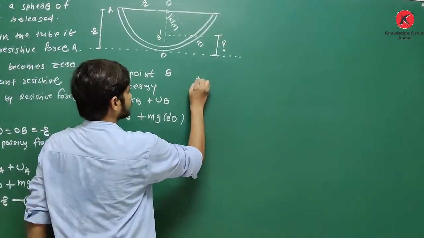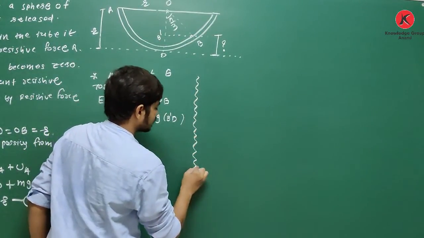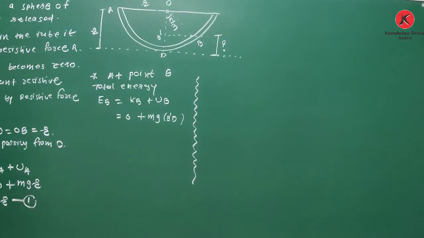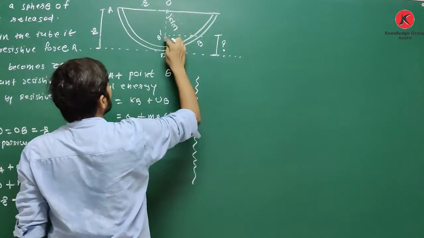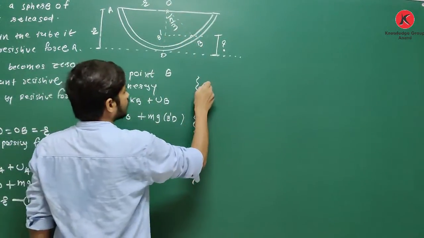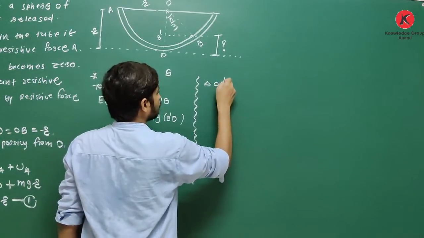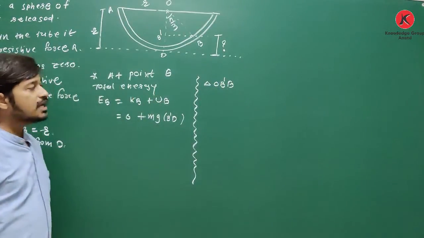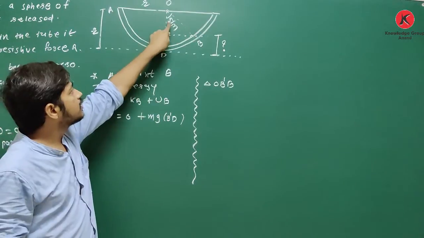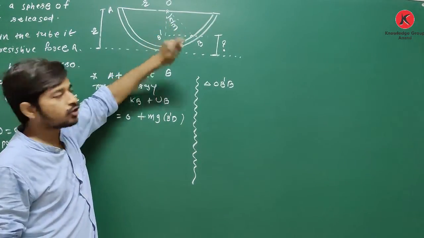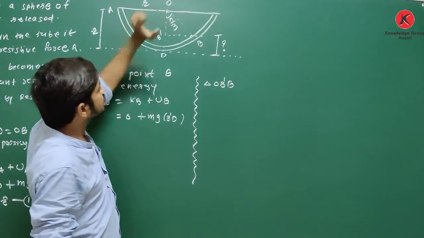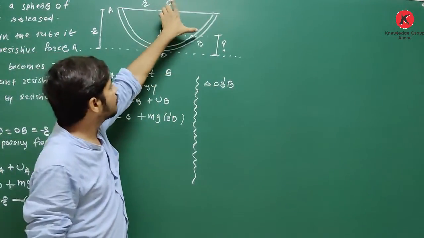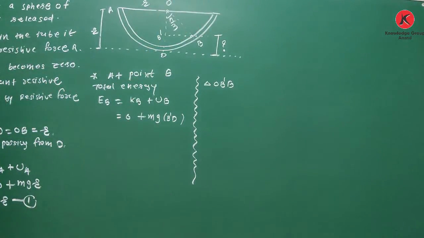Here you have one triangle, observe, triangle O B dash B. It is a right angle triangle with angle pi by 3. OB dash is its adjacent side, and OB is the hypotenuse.